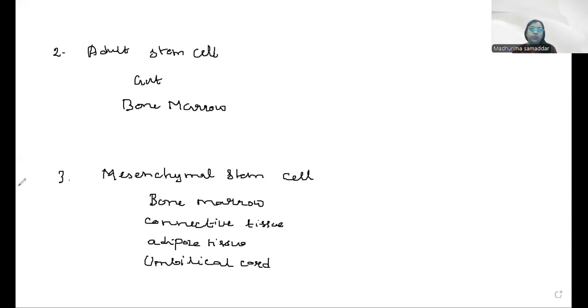And the last one to discuss is the induced pluripotent stem cell. So these stem cells are basically produced in the laboratory by the scientist by taking the cells from the skin.